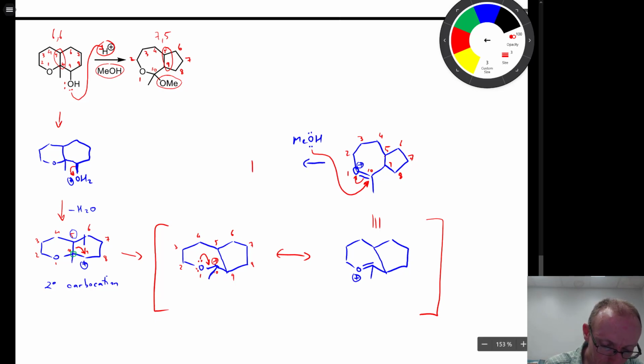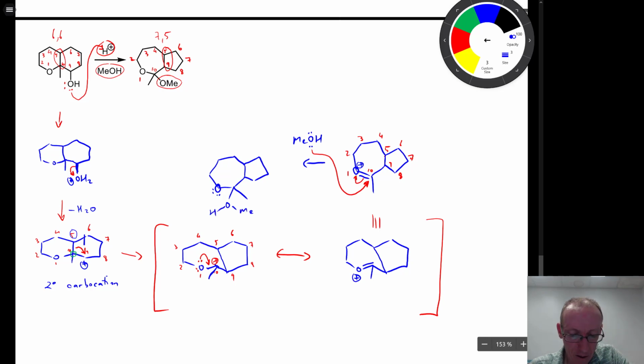Okay, so we're going to draw this 5-7 ring system again. I was going to go to blue, so let's go back to blue. Okay, we've got our oxygen there. It has both its lone pairs of electrons back now. It's neutral. We've got the methyl group, and we've got the methanol that's been added.